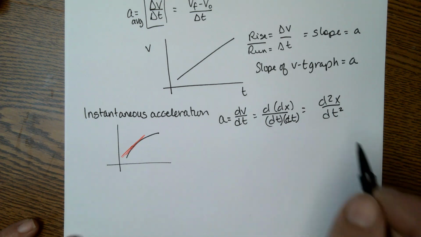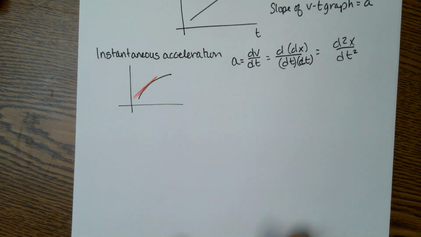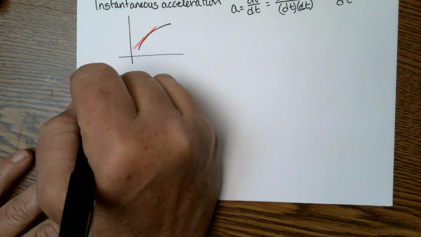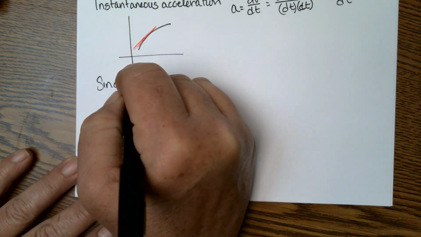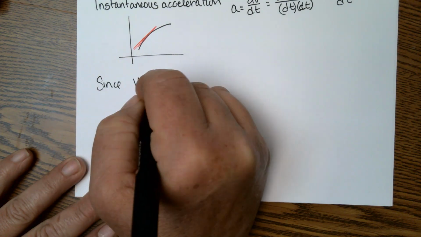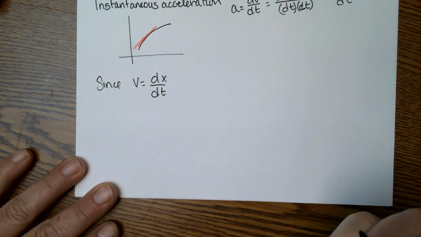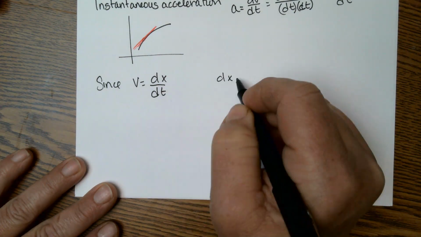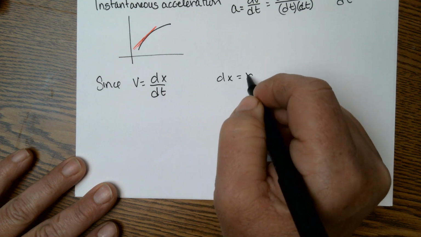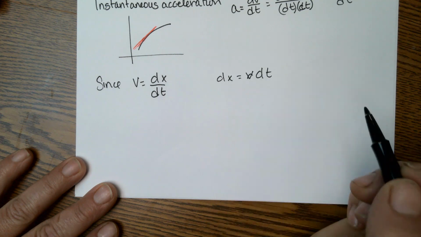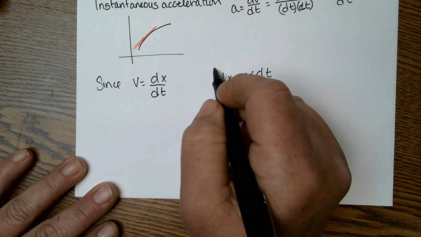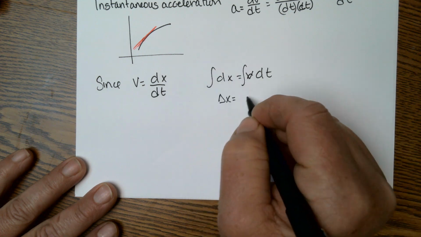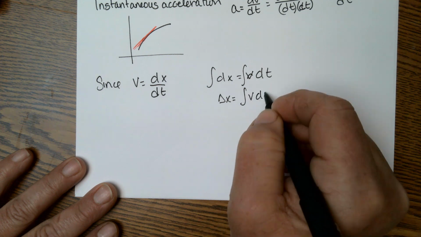All right. To go in reverse just a little bit from this, since velocity is the derivative of position with respect to time, I can separate my variables and multiply both sides by dt so that dx is equal to v dt. And then I can integrate. And over here I get delta x, and that's equal to the integral of velocity with respect to time.